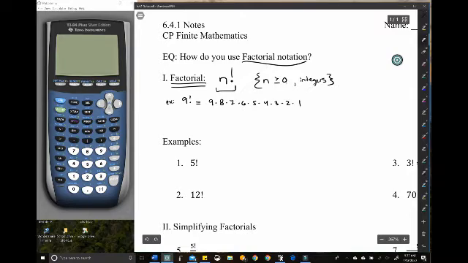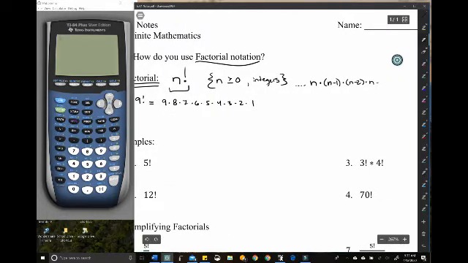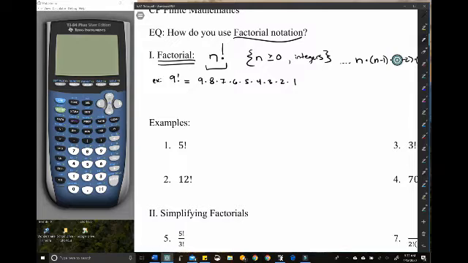Not times 0, we stop at 1. So n factorial is formally n times n minus 1 times n minus 2 times n minus 3, and so forth, all the way down to 1. This will come into play. We'll talk about some word problems in a bit when you use this process.